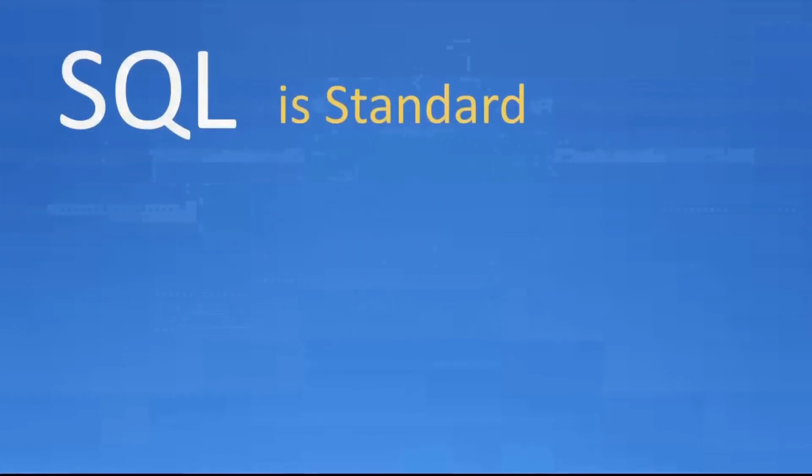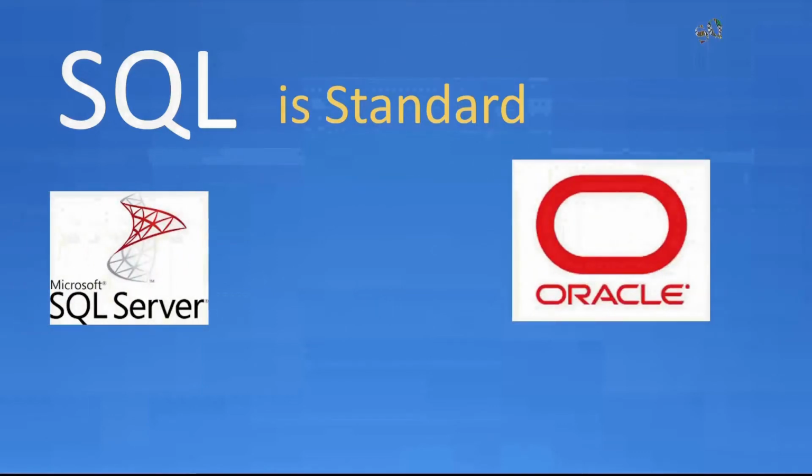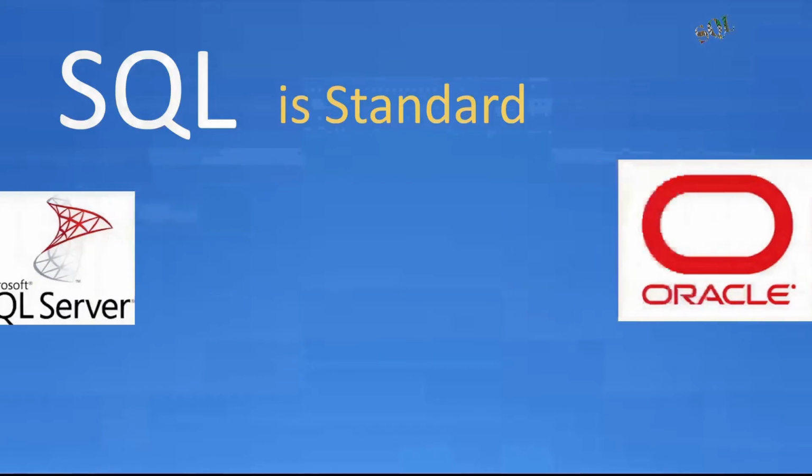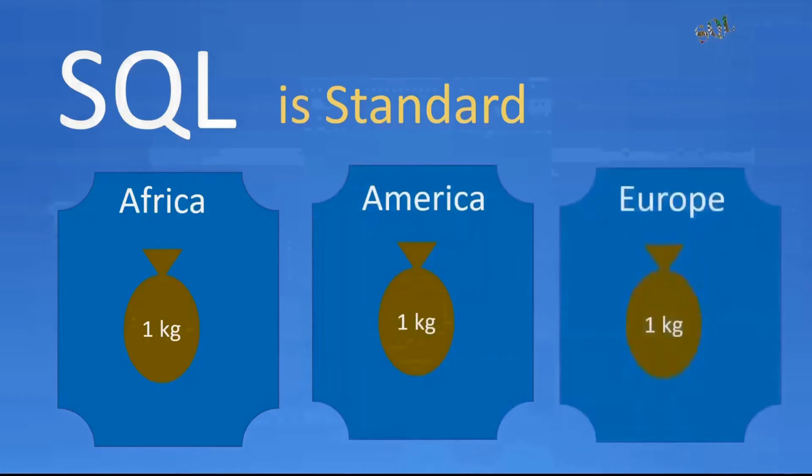There are various databases that use SQL as their language. For example, SQL Server Database, Oracle Database, MySQL Database. But SQL is the same for all, or SQL is a standard language. As 1 kilogram is just 1 kilogram everywhere, SQL is also SQL in all the databases.